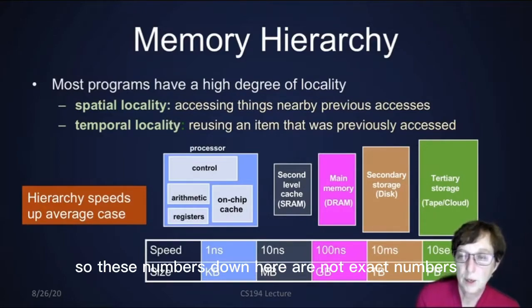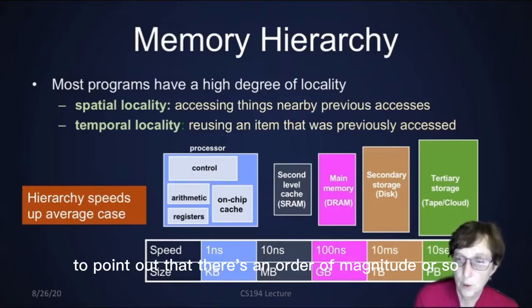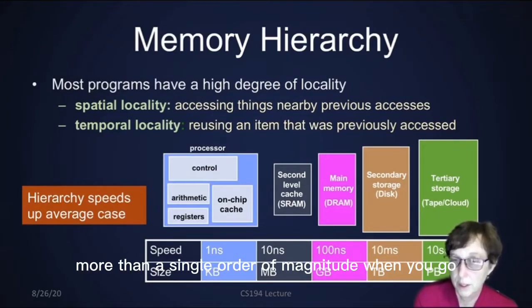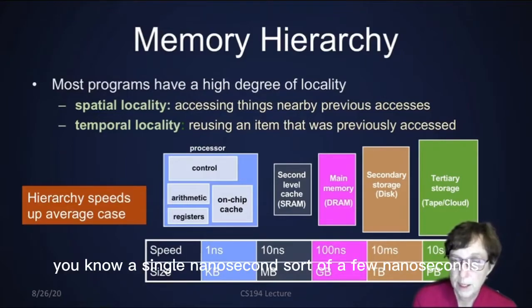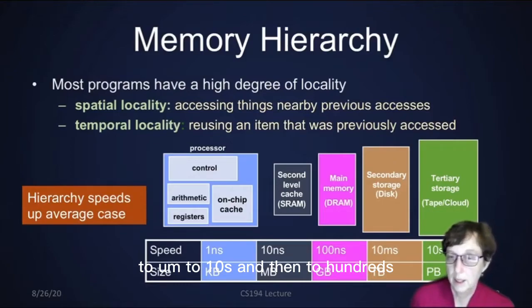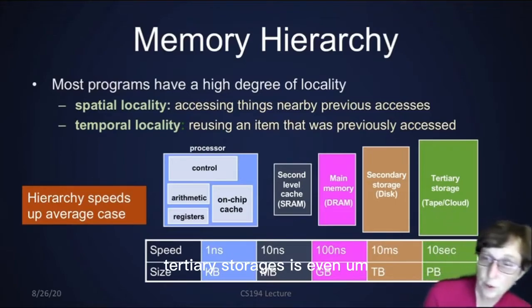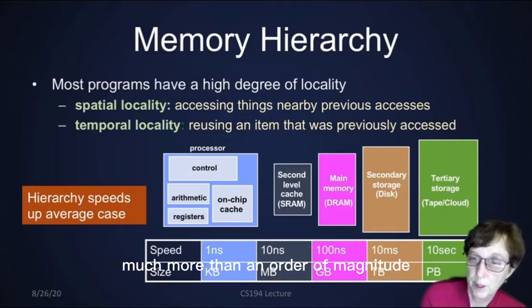So these numbers down here are not exact numbers. These are just nominal numbers to point out that there's an order of magnitude or so between each of these levels of the memory hierarchy, more than a single order of magnitude when you go from main memory to secondary memory. You can see that you go from a single nanosecond, or a few nanoseconds, to tens, and then to hundreds, and then up to tens of milliseconds, and then going to tertiary storage is another much more than an order of magnitude, several orders of magnitude here.